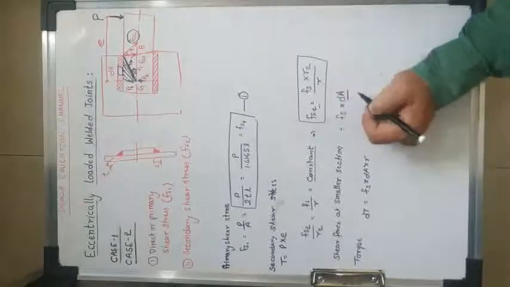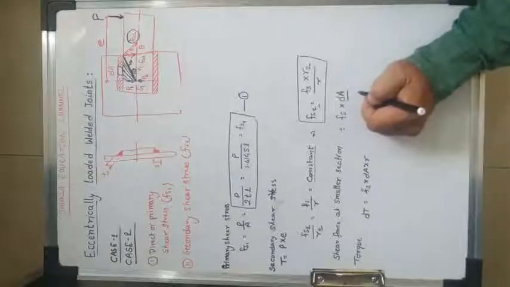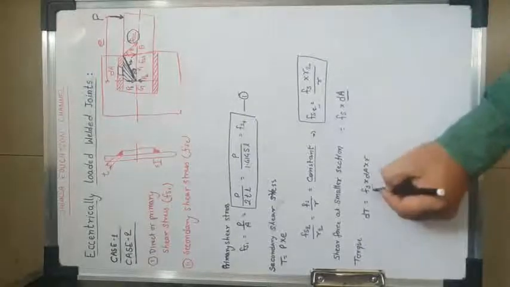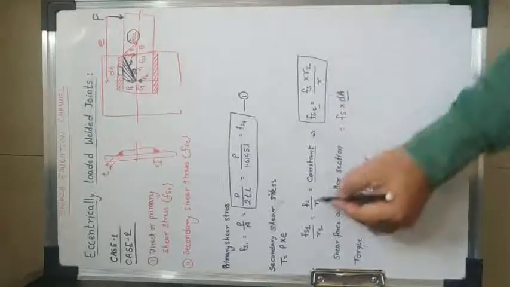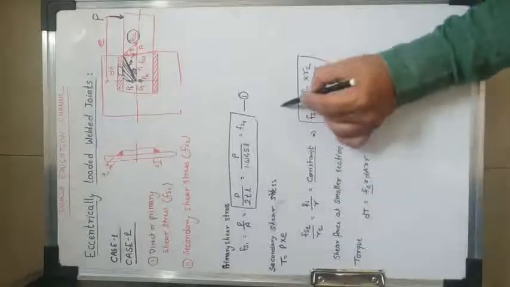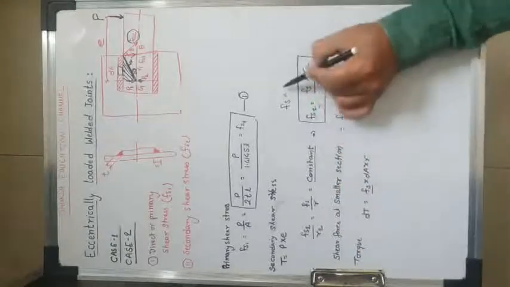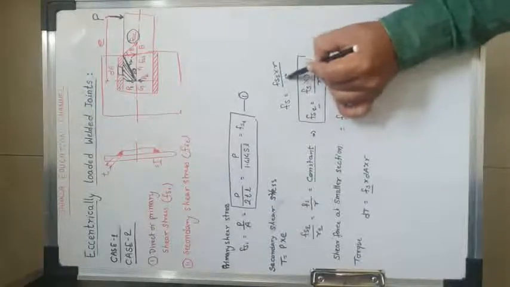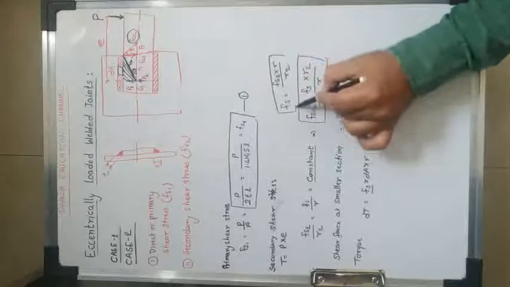Fs, Fs2, both the values I have put here. So what is the value of Fs? If I put Fs, then how can we write it? Fs is equal to Fs2 into R upon R2. We can write like this also.